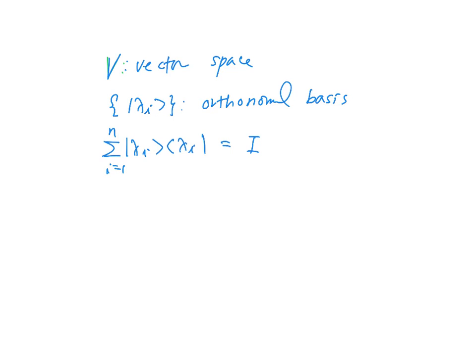Then we have the following properties. The sum of the outer products of the orthonormal basis is the identity.